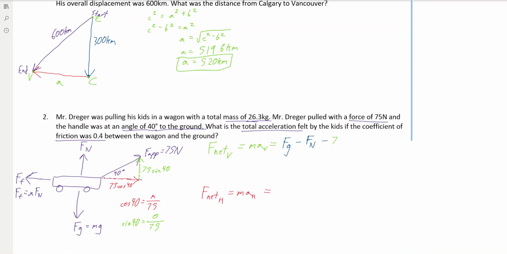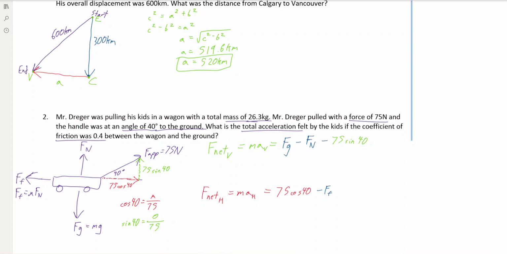Because both of those are going up, they are opposing gravity together. Okay, and in the horizontal direction, maybe we'll start with the red force, which is 75 cos 40, minus the force of friction, which I'll leave like that.